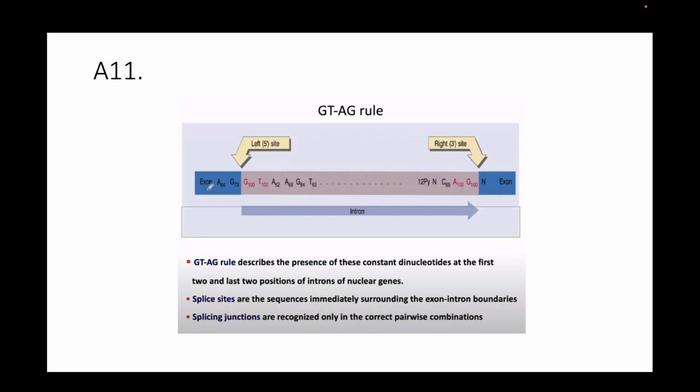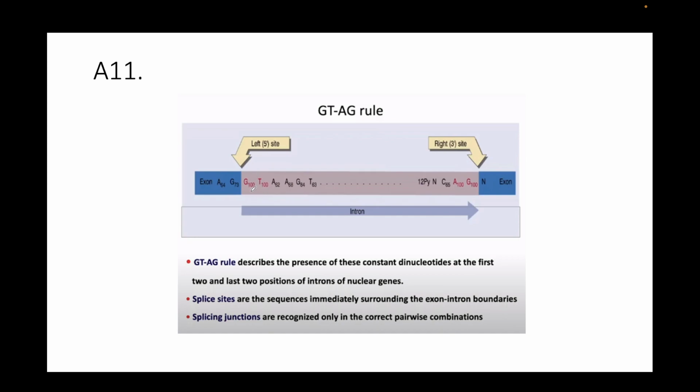If you see here, this is the exon. This is the 5 prime exon site. This is the 3 prime exon site, and there are the introns. Okay, so from which point and what is the conserved nucleotide region?